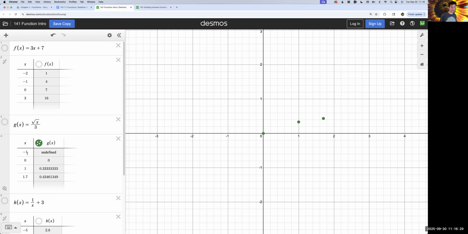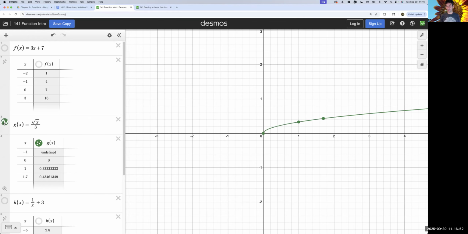Notice I put in this table a -1 in, and the computer spit back undefined, right? We're not doing complex numbers. That's a whole other thing. And so we can't do the square root of -1. But for these other values that are not negative, we see the outputs there, and here's the graph of these 3 points. Right?